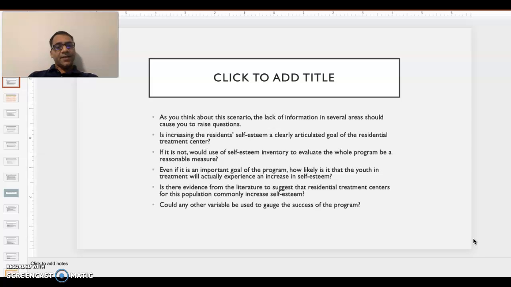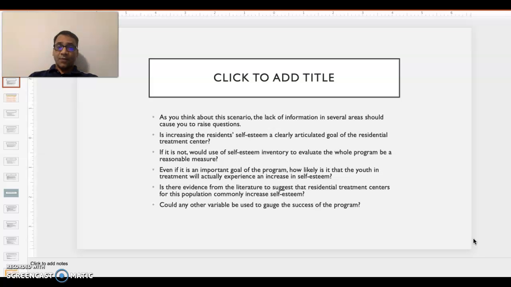Even if it is an important goal of the program, how likely is it that the youth in the treatment will actually experience an increase in self-esteem? Is there evidence from the literature to suggest that residential treatment centers for this population commonly increase self-esteem? Could any other variable be used to gauge the success of the program?